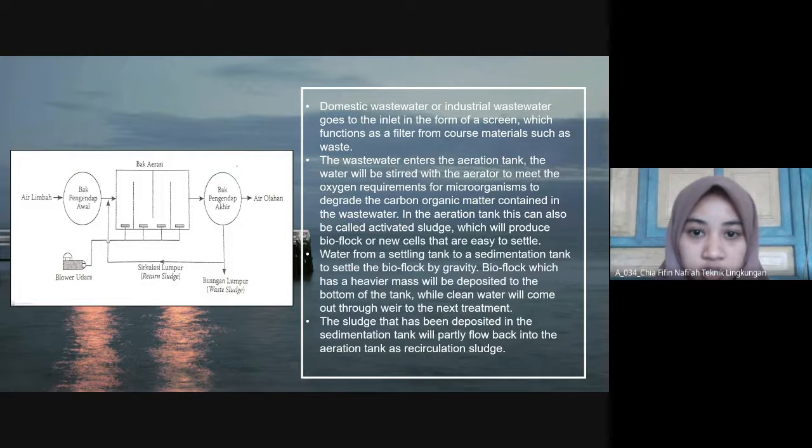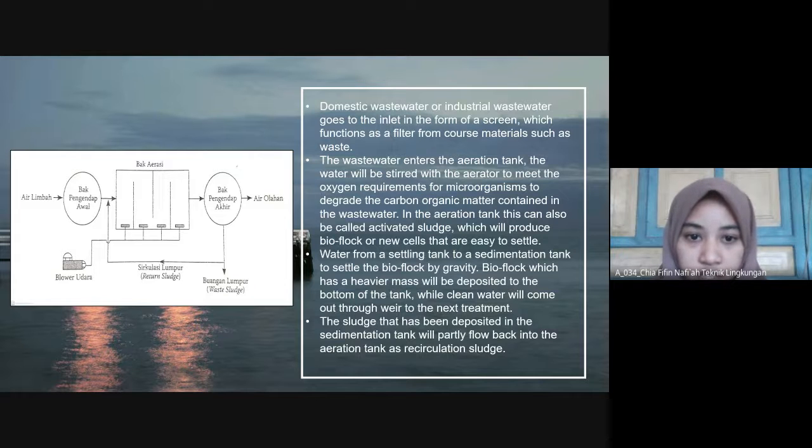In the aeration tanks, the activated sludge will produce bioflok, or new cells that are easy to settle. Water from the aeration tank goes to a sedimentation tank to settle the bioflok by gravity.